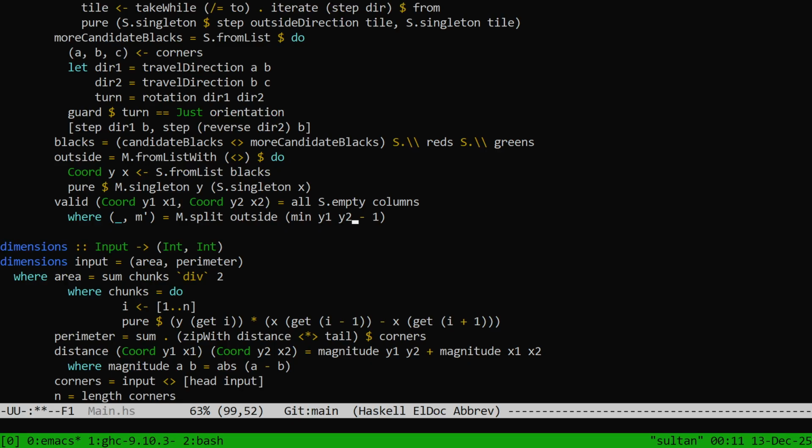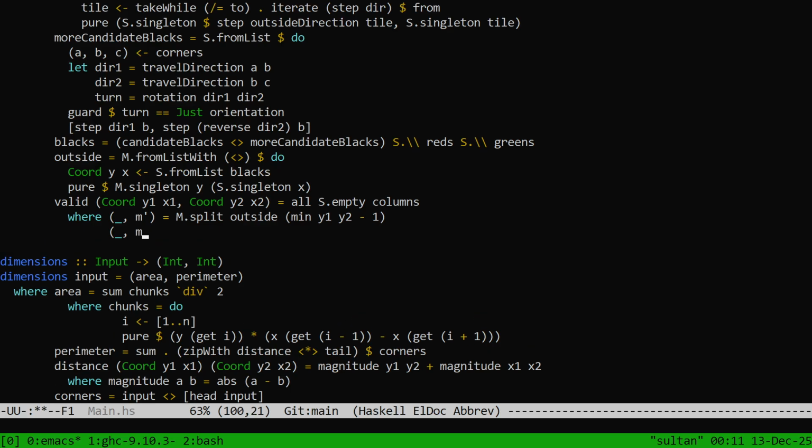At least the minimum of y1 and y2 is included in this. Then split that. Oh, actually, split takes the key first.